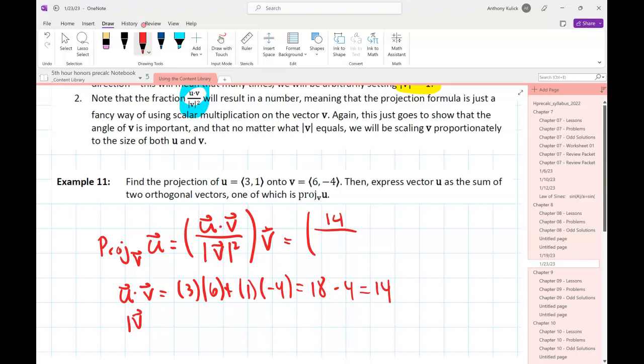And then I need the magnitude of v squared. Now keep in mind that when I square a magnitude, I'm just canceling out the square roots. That's just like 6 squared plus 4 squared.